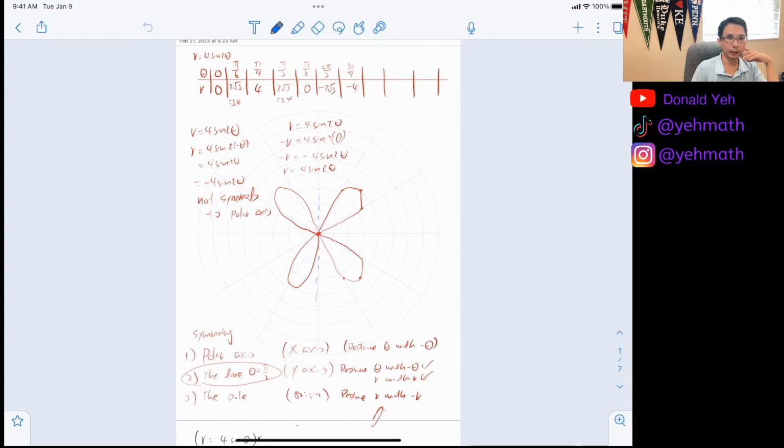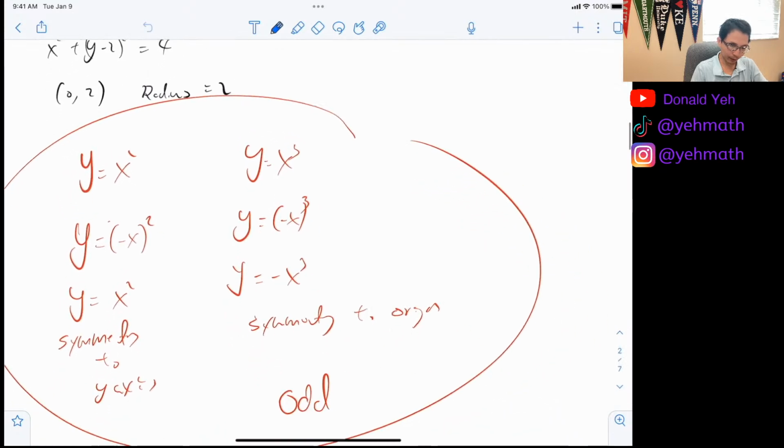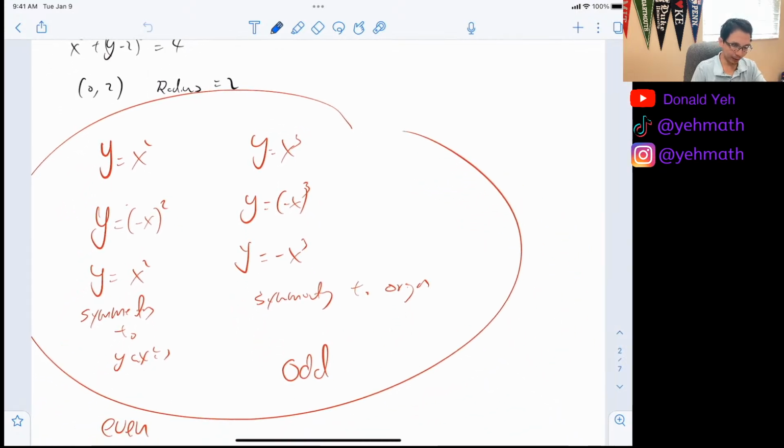So here, if you have polar axis symmetry, so that would be the x-axis, you basically replace theta with negative theta. A long time ago, we learned how to test even and odd functions. You plug in negative x to find out whether it's an even function or an odd function.